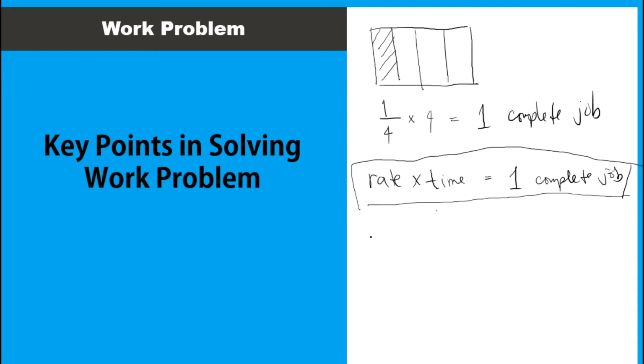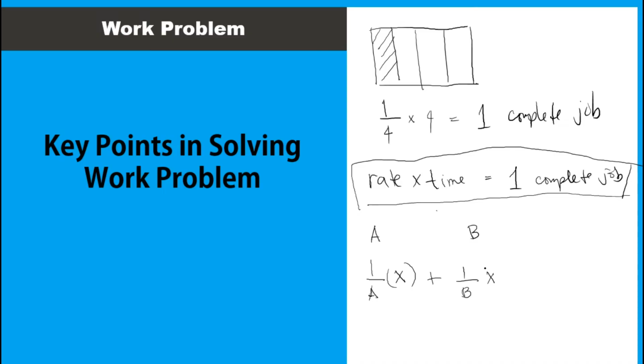Let's say, for example, a certain person can do a certain job in A hours, and another can do the job in B hours. So the rate of that person is 1 over A. If these two persons did the job together, let's say in X hours, you multiply that rate by the time X. The rate of person B is 1 over B, times X hours.